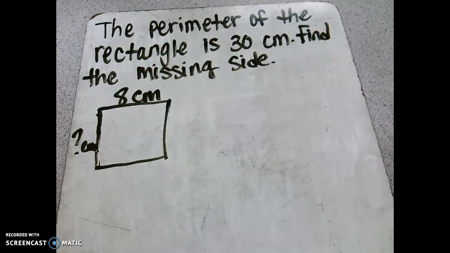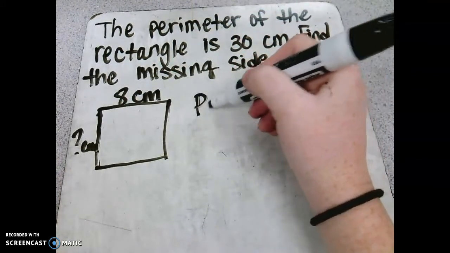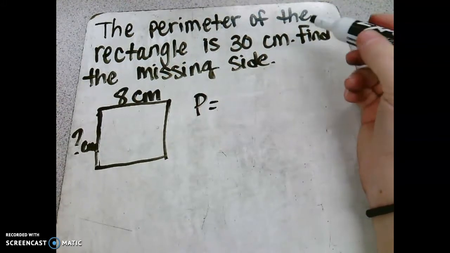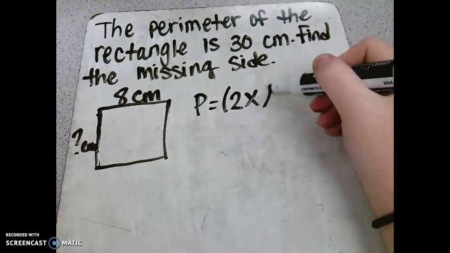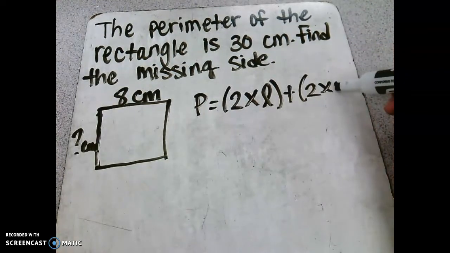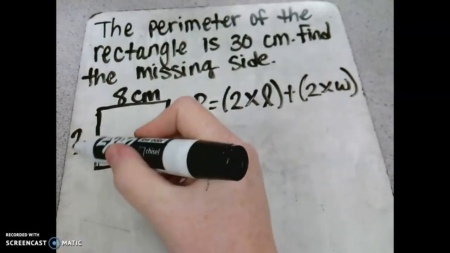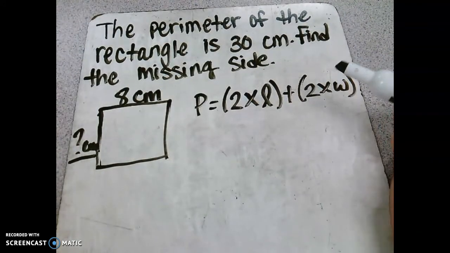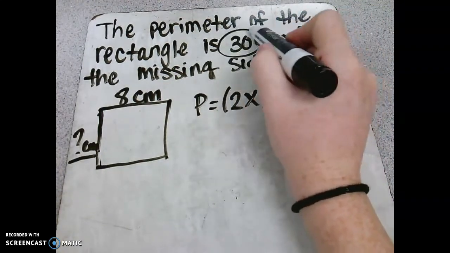Okay, do you remember our perimeter formula from our first lesson? Our perimeter formula is perimeter equals 2 times length plus 2 times width. Do you remember that? Okay, we're going to have to use this formula to figure out our missing number. Okay, so in our question, they have given us the perimeter up here.